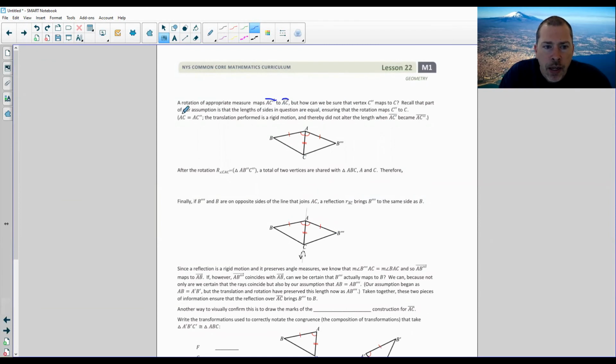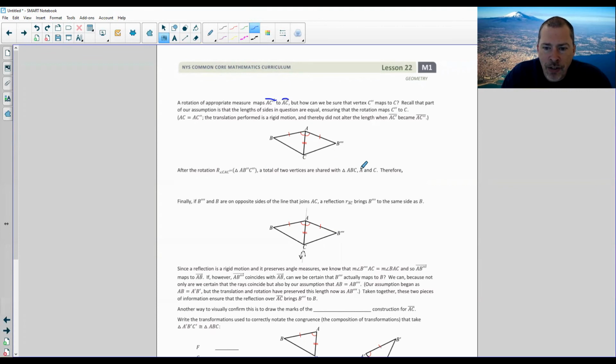Okay, so that's how we know that they are equal. Now AC equals AC double prime. The translation performed is a rigid motion and thereby did not alter the lengths when AC prime became AC double prime. After the rotation, capital R, of angle CAC double prime, triangle A, B double prime, C double prime has a total of 2 vertices shared with triangle ABC.